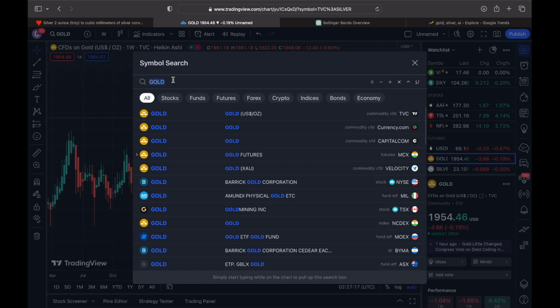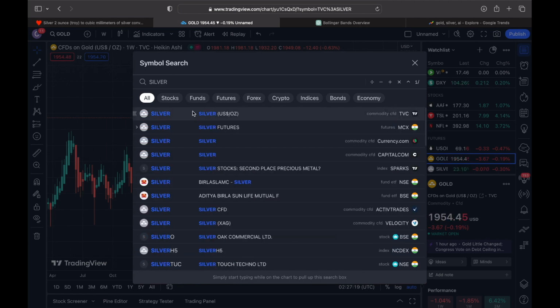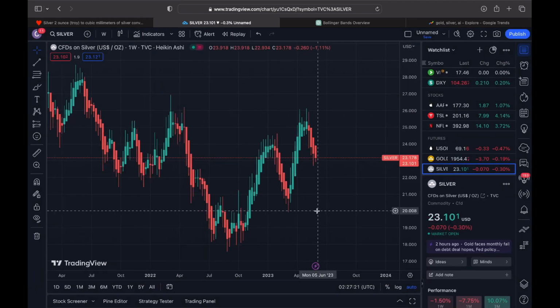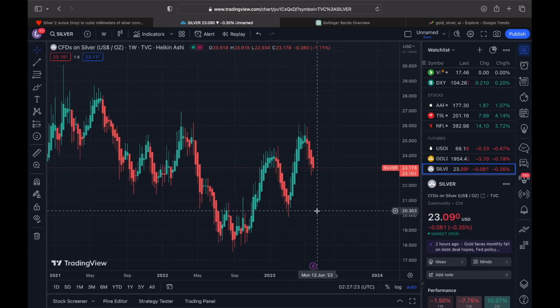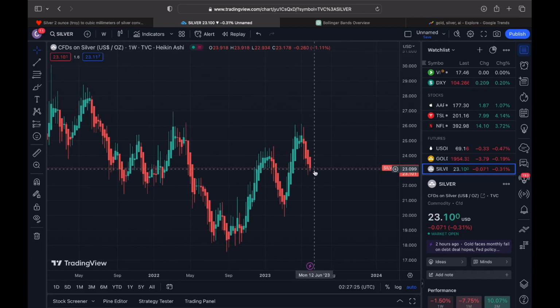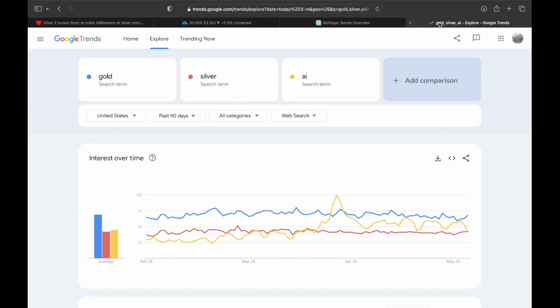We'll just take a quick look at silver, Heikin-Ashi, and see what we can see there. More or less the same. But yeah, so that is the technical analysis for silver and gold this week. We also looked at the trends and compared it with AI, and I think that's pretty interesting.